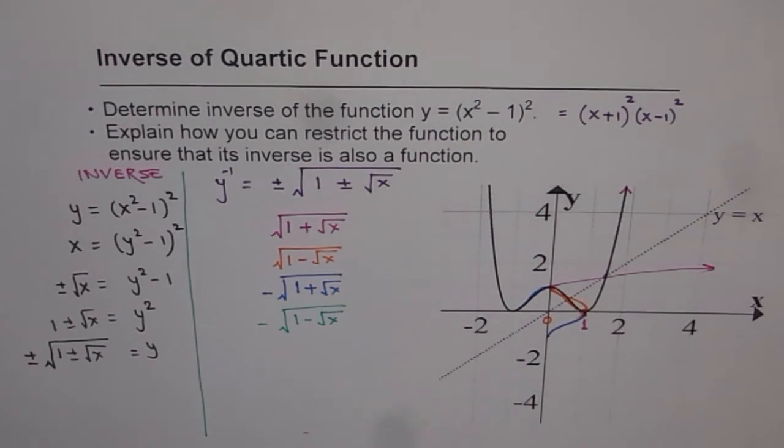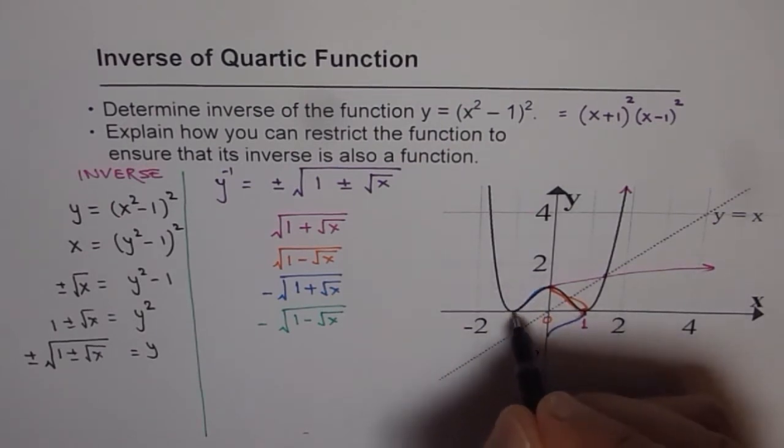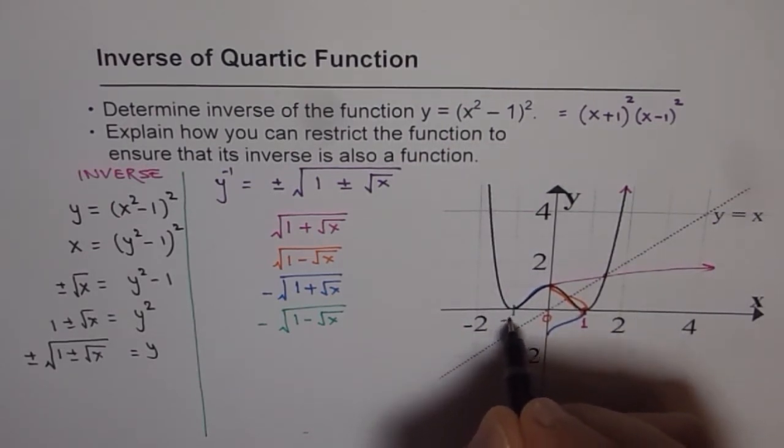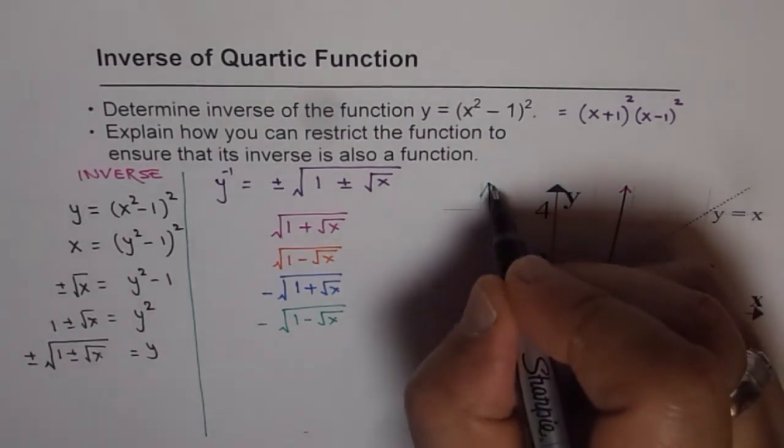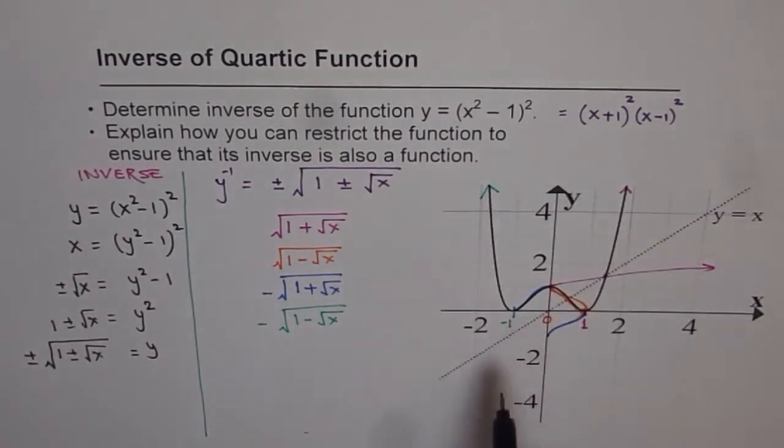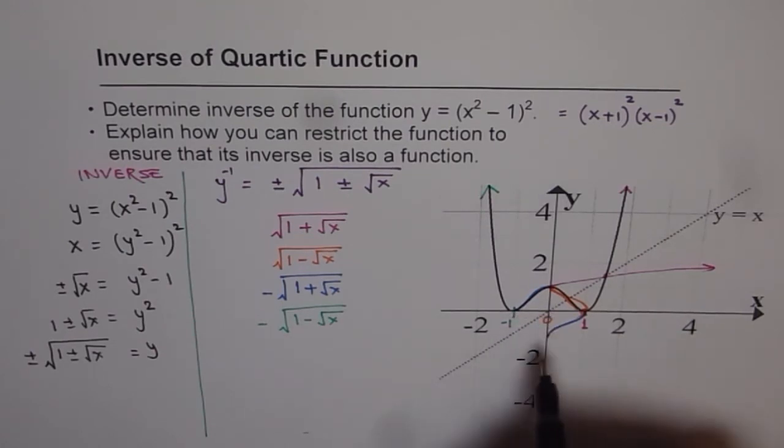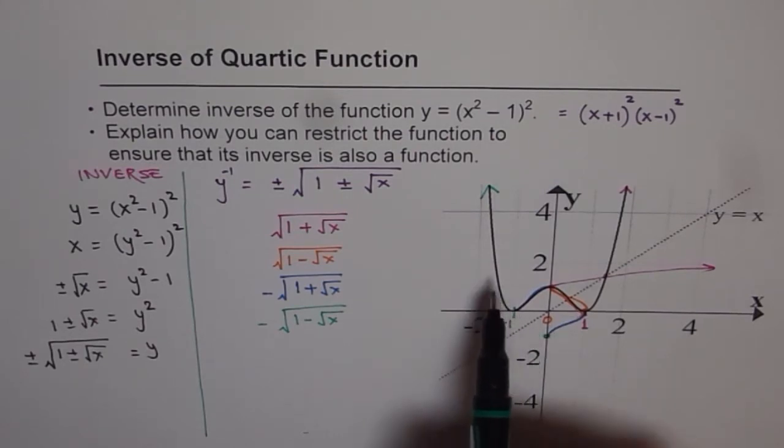And now the last part, which is from minus infinity to minus 1. Okay, so let me draw that part. Now when you reflect (-1, 0), it will come at (0, -1), so that is the point. And we can choose some other point and then just reflect.